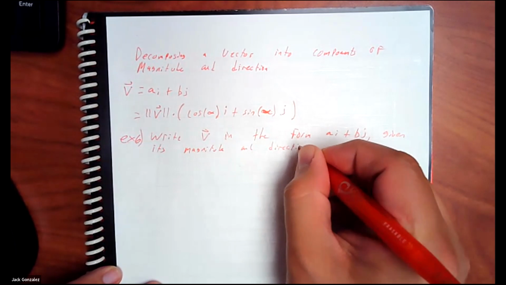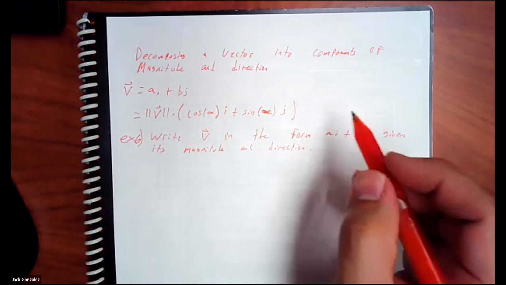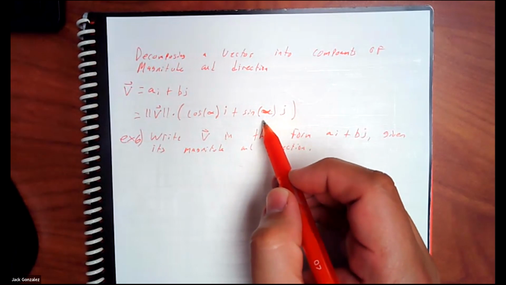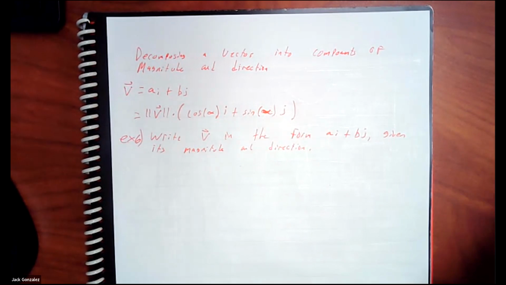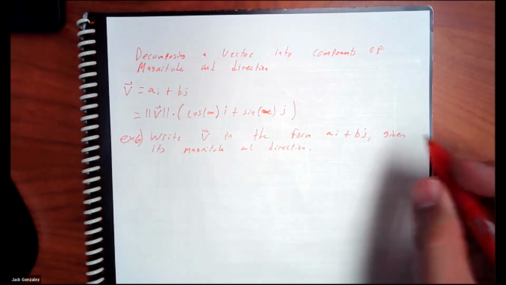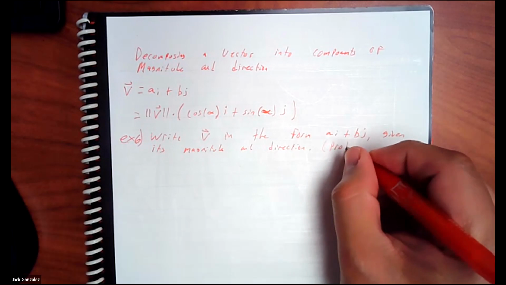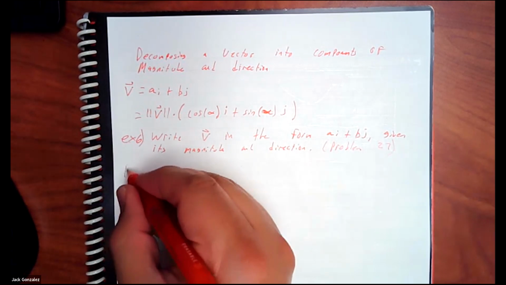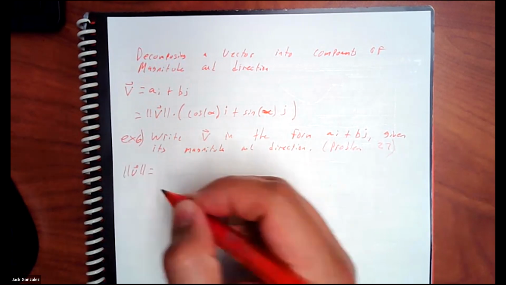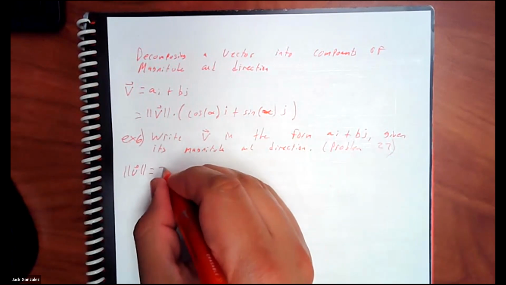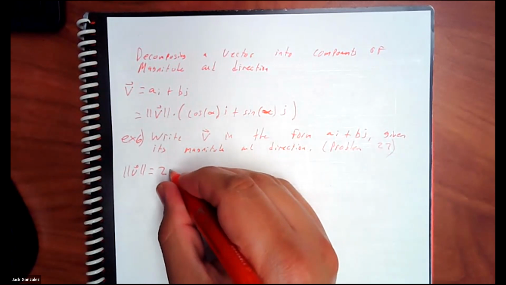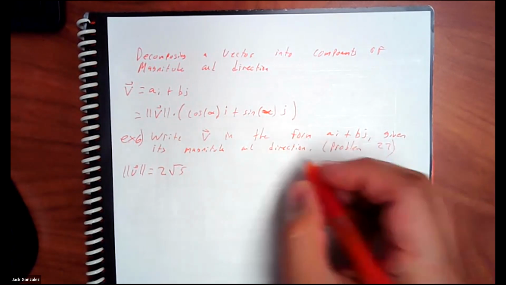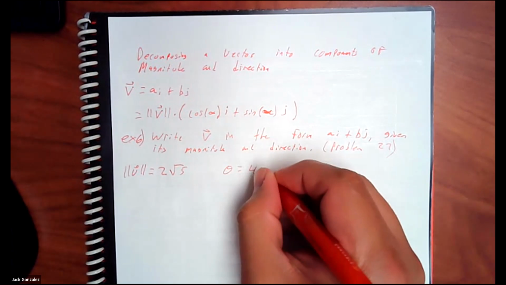So alpha in that case is the direction. It's the ugliest alpha I've ever written, but there it is. Problem 27. So the magnitude of vector V is 2 root 5. Theta is 45 degrees.